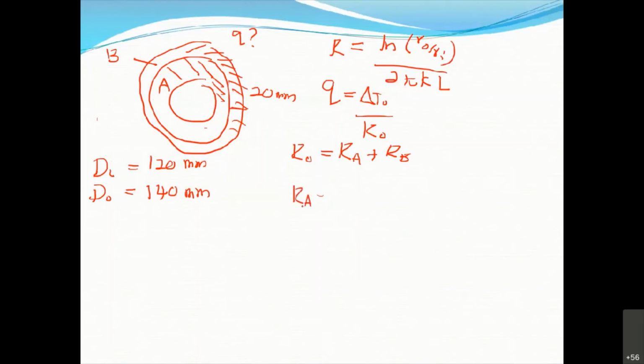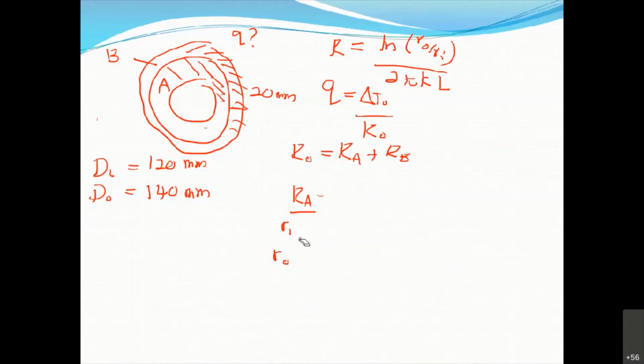For RA, this is layer number 1, so you have to find the value of your Ri and Ro.